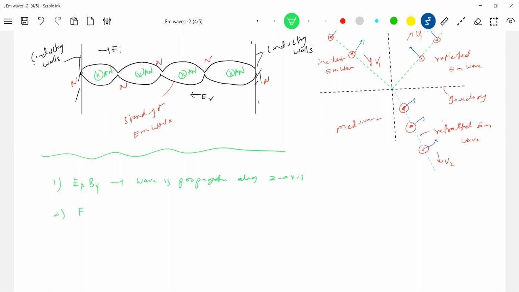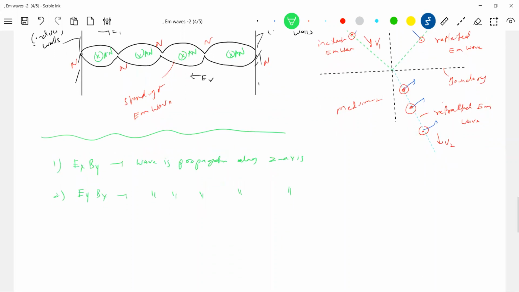If I similarly write EY, BX, shall I say the wave is propagating along the Z axis? I'll give components, this one. So the third one: with this, what can you say? The wave is propagating along the Y axis.